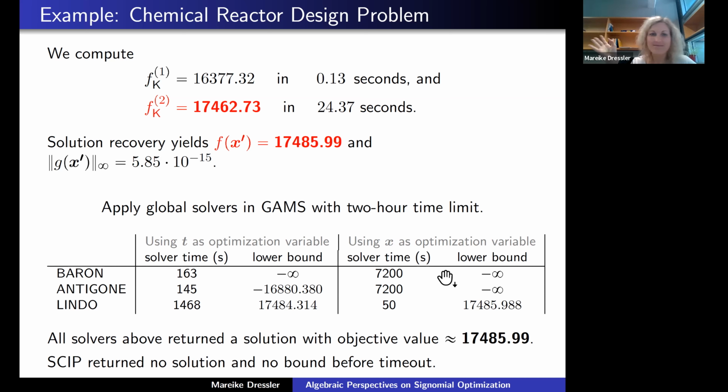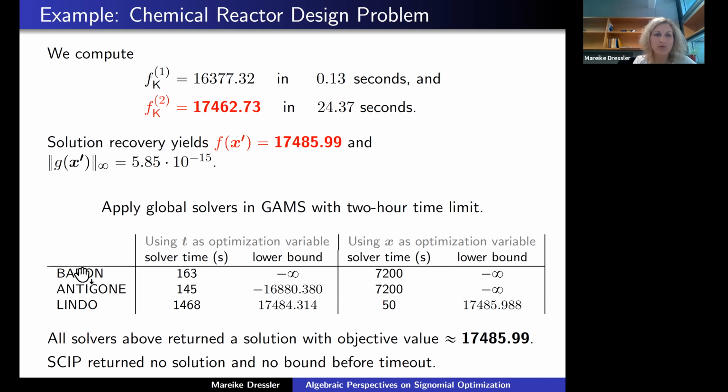And maybe the overall takeaway is that SAGE produced the same solution as these solvers, but with a relative entropy program that could be solved in half the time as the fastest of these methods. And also, for instance, SCIP was not able to handle any of this, and no bound was found before the timeout. And also only Lindo was able to certify that our solution is globally optimal.